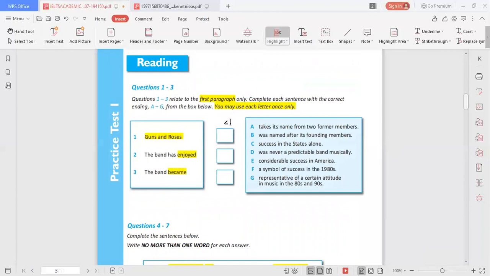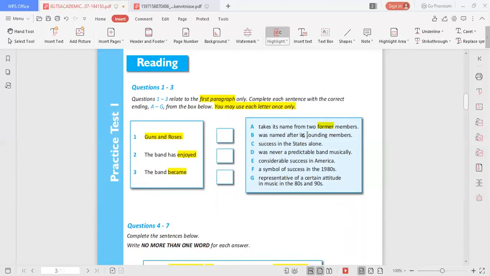Obviously, A takes its name from 2 former members. We did not read anything like that. The key word in this answer possibility is named from 2 former members. That's the word that sticks out. We did not read anything like that. In B, we say Guns N' Roses was named after its founding members.